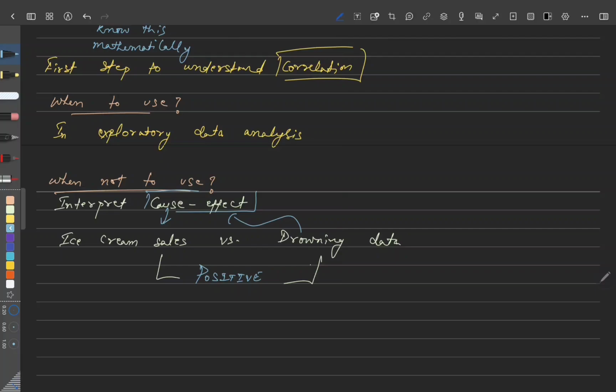So you need to understand that more variables are at play here. For example, what is the season? Are people swimming more?